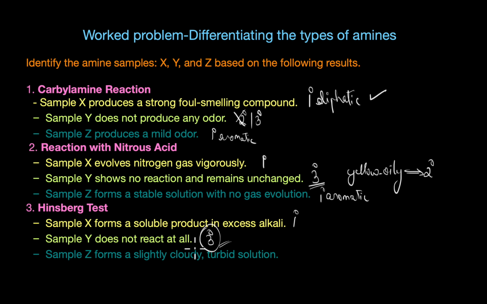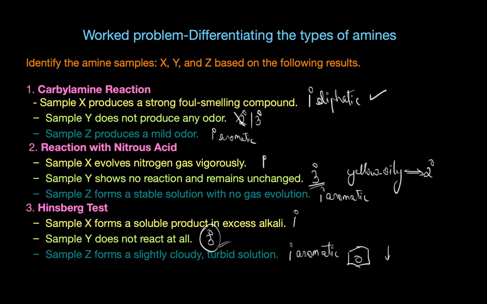Now that again points towards a primary aromatic amine, because the presence of an aromatic ring can affect the solubility properties, sometimes leading to a less soluble sulfonamide. So it is this decreased solubility that we observe as a slightly cloudy or turbid solution. And you can see that this observation agrees with our other observations from the carbylamine reaction and nitrous acid.